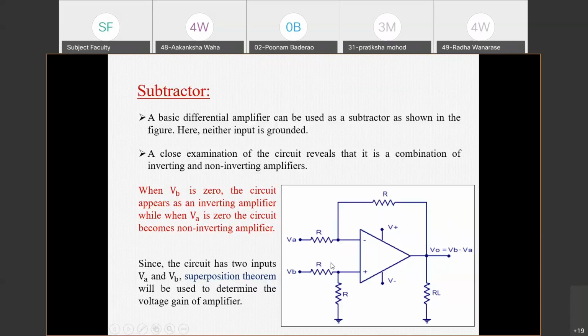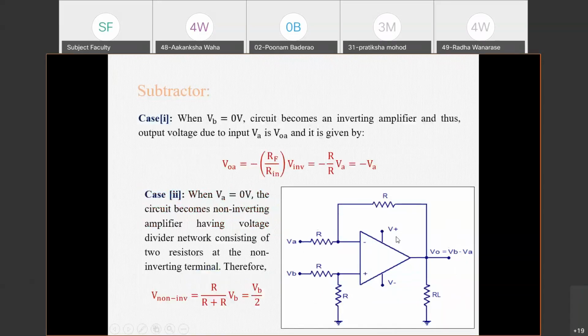That if in your circuit there is more than one voltage source or more than one input voltage, then you have to find the output voltage by keeping one input voltage active at a time and the others grounded. And finally, the total output voltage will be nothing but the sum of the individual output voltages.